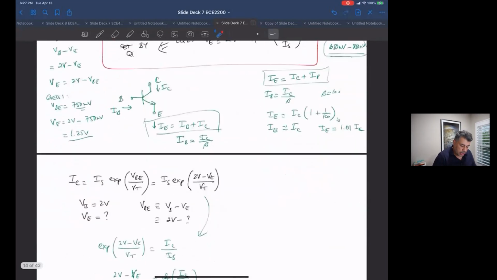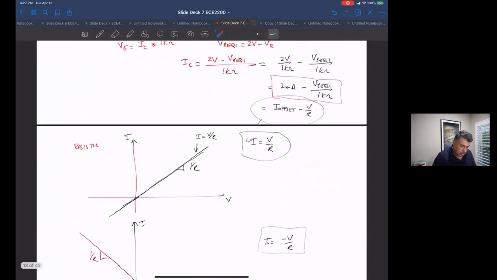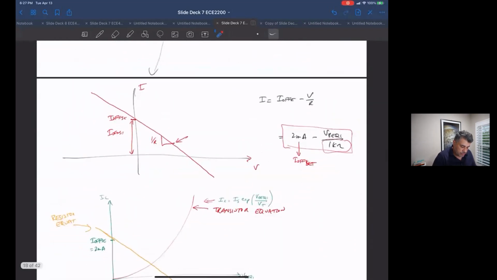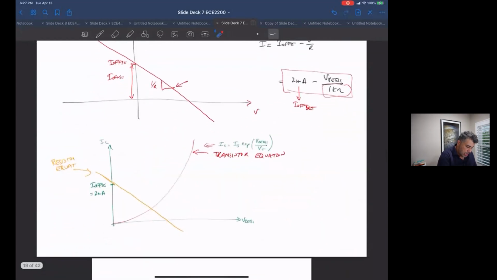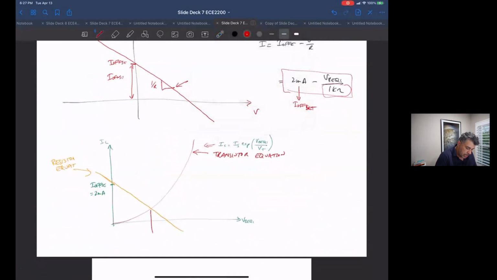Okay, so once you got that, now remember off the graph, or numerically if I solved it, VBE was, what was it? I think it was like 0.73 volts.